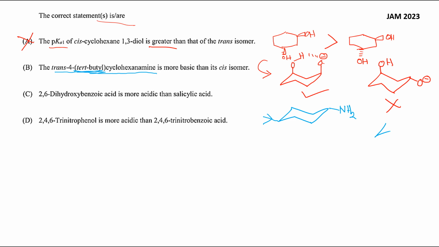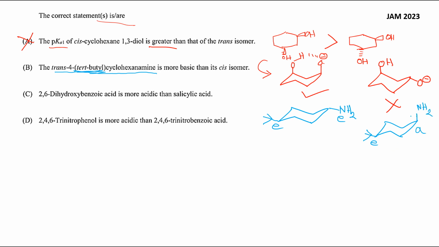And what about the cis form? Now in cis at 1,4 it will be axial equatorial or equatorial axial, but the tertiary butyl group is fixed at equatorial always. So it is EE for the trans but EA for the cis.